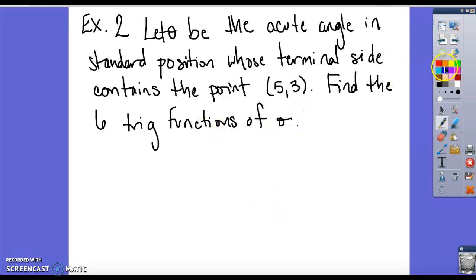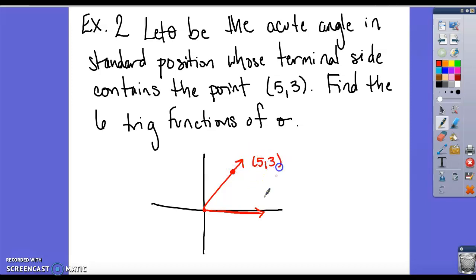Okay, so theta is an angle in standard position. That means its vertex is on the origin, and the initial side is on the x-axis. It says its terminal side contains the point (5, 3).